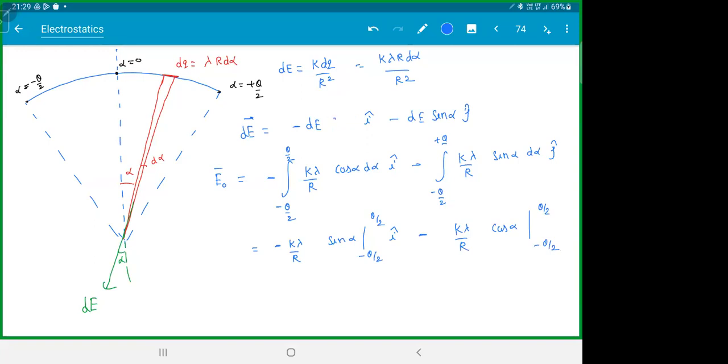This was sin alpha, this was cos alpha. j cap. This term will become 0. This whole term is 0. Cos theta by 2 minus cos theta by 2 will be 0. So we end up with k lambda by r 2 times sin theta by 2 minus j cap.